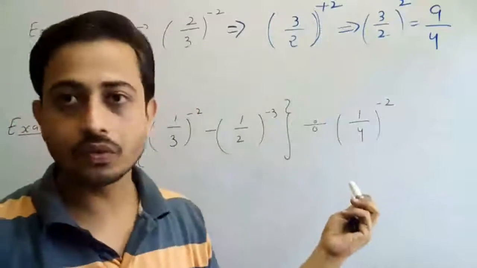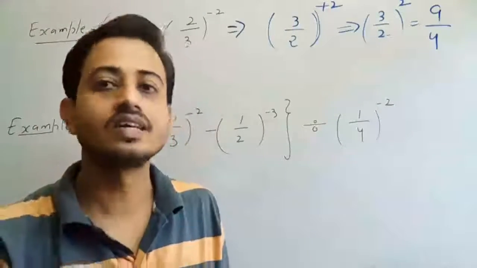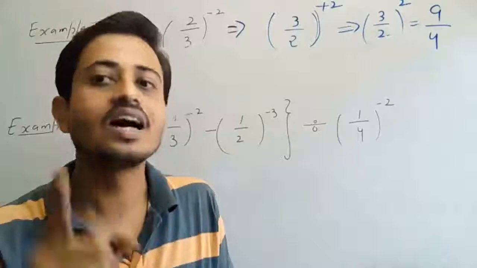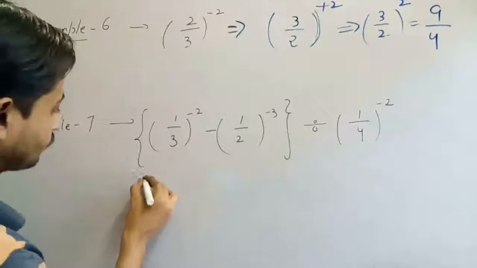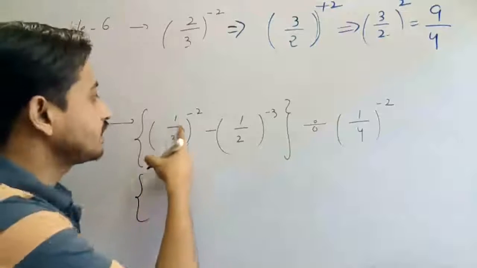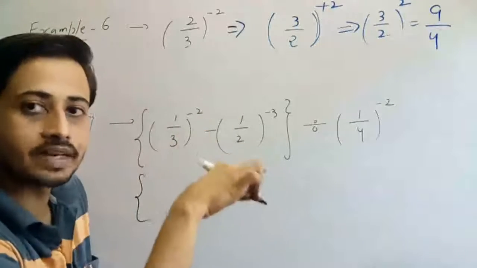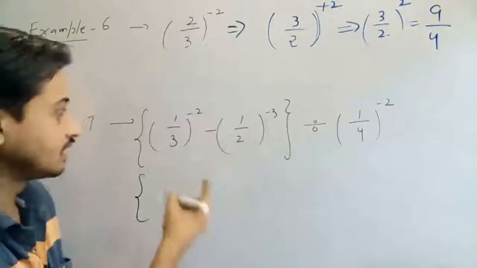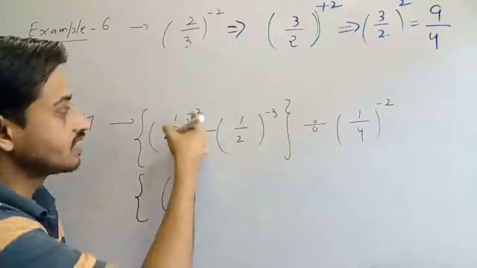Same step you have to do in this. If the power is negative, make it positive by writing p by q as q by p. So apply this on this also. Here 1 by 3 has a power negative 2. Make it positive by interchanging. Make it 3 by 1. So the power gets sign change.